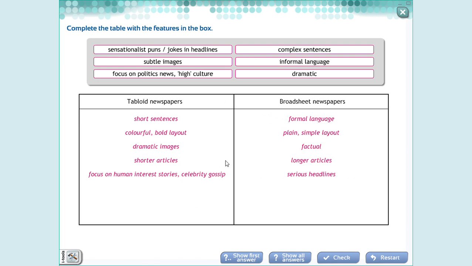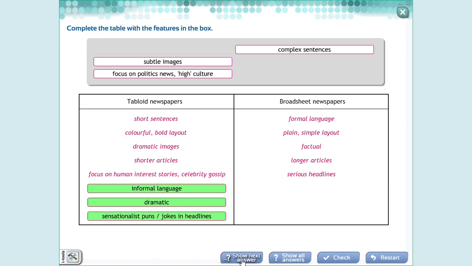So we're gonna continue doing this exercise. You have to choose what other characteristics this kind of newspaper has. So let's start with the tabloid newspaper. It uses informal language, of course. It's dramatic and sensational in tone, and it has jokes in headlines.